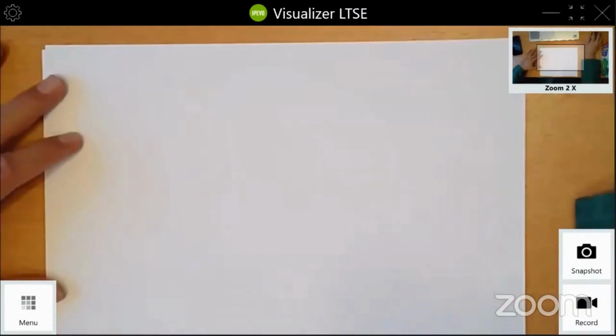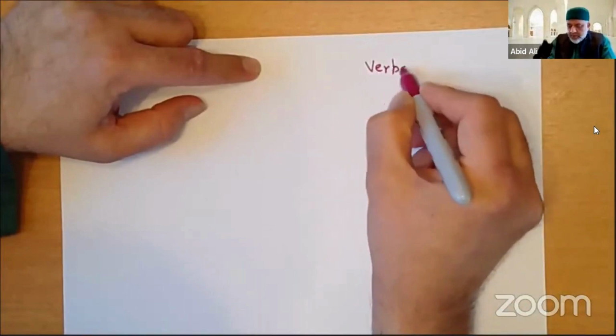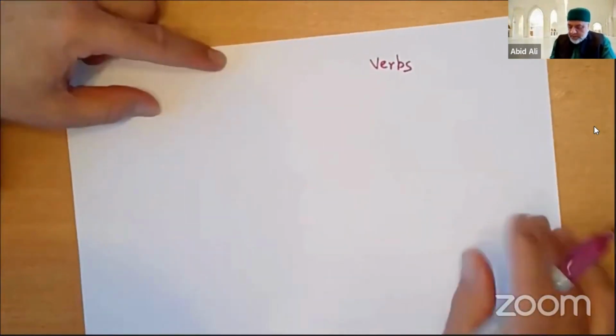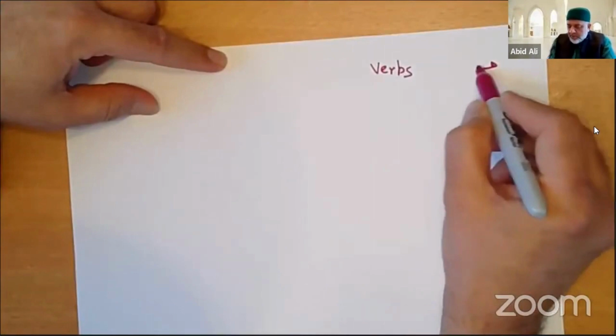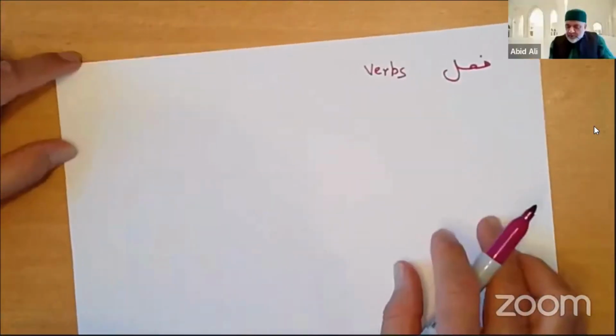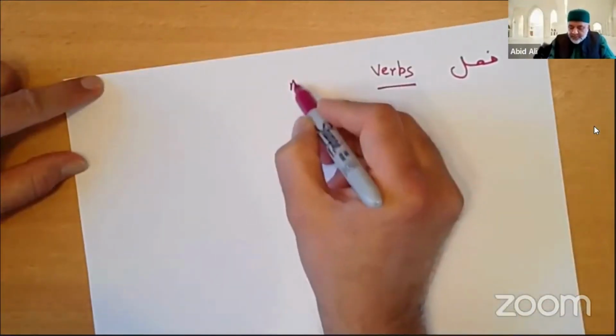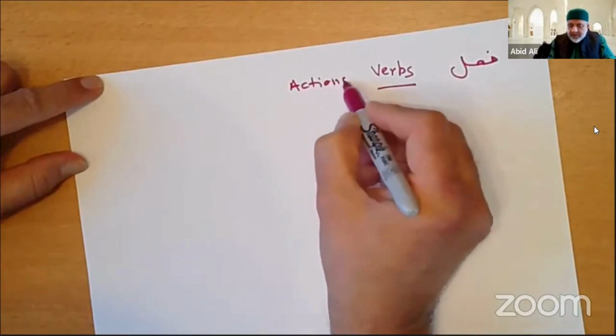Okay, so here is the paper, and the review I want to show you is the following. We are dealing with verbs, and verbs are known as fi'l, right? In Arabic, what do we know about verbs? We know that verbs are actions.